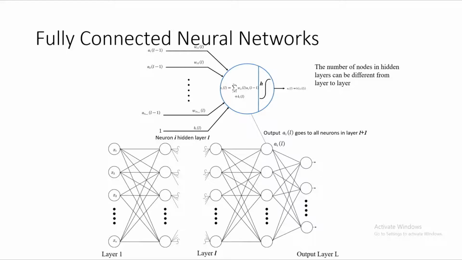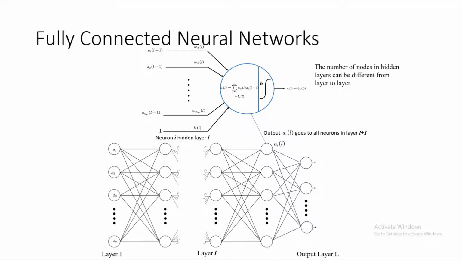And this connects the output of neuron j to the input of neuron i. Like we have wij, which means it connects the output of neuron j to the input of neuron i.